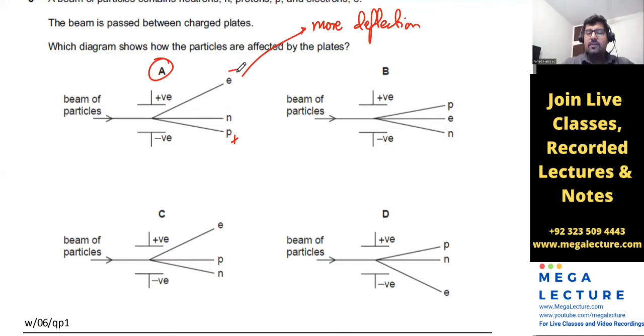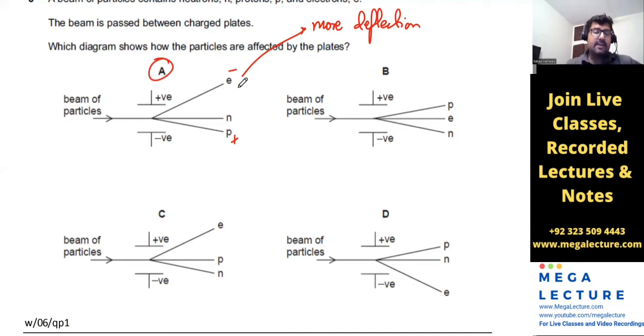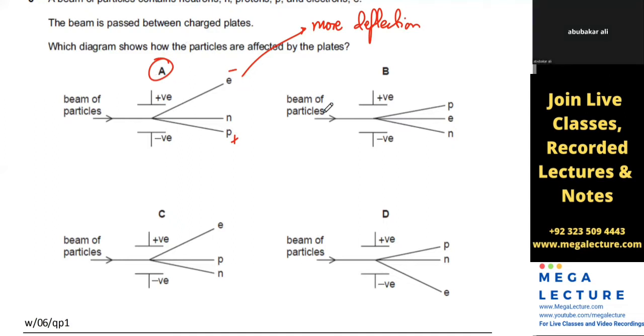But why is there more deflection? The proton is less deflected towards the negative, and the electron is more deflected towards the positive. Why is that? Anyone? There is no reaction going on. It's just a deflection. The positive is attracting the electron.